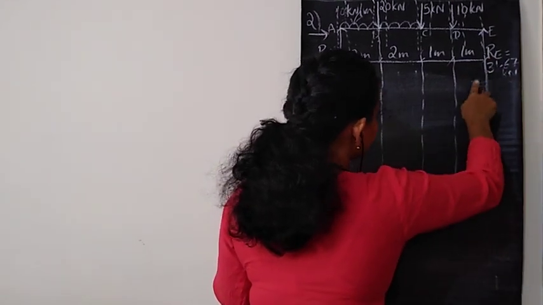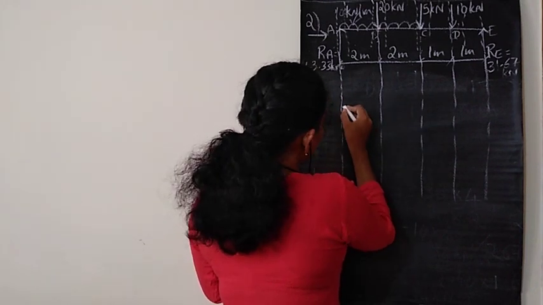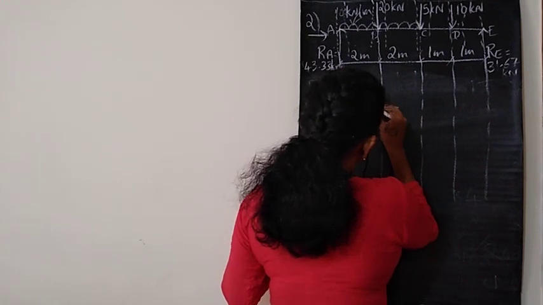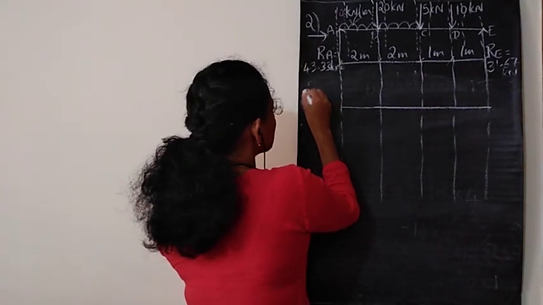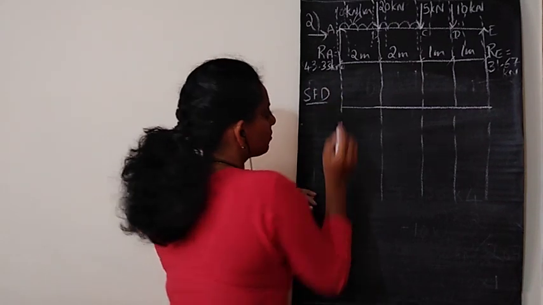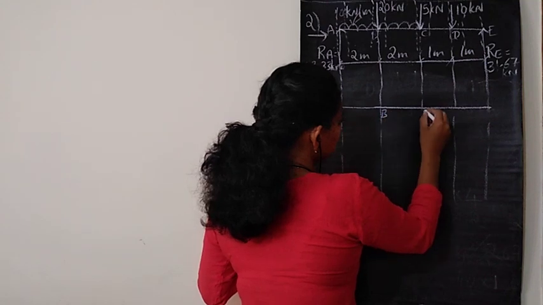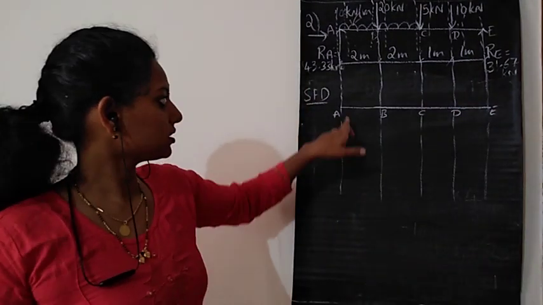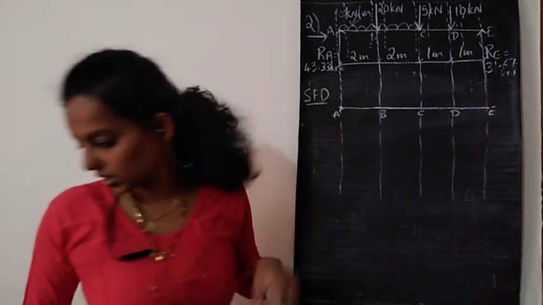You know that all the positive values you have to mark above the line, and negative values below the line. So suppose this is your shear force diagram line. Mark the points A, B, C, D, and consider as per the calculation. First left of A was 0. Then what is the right of A value?